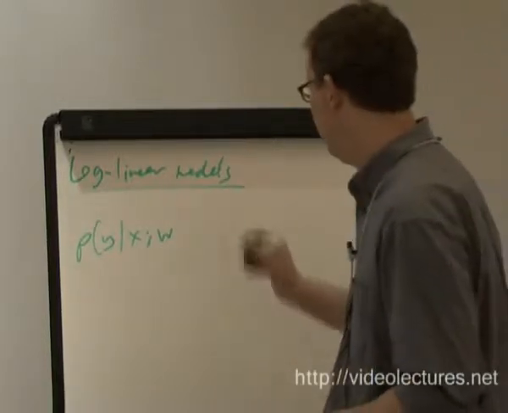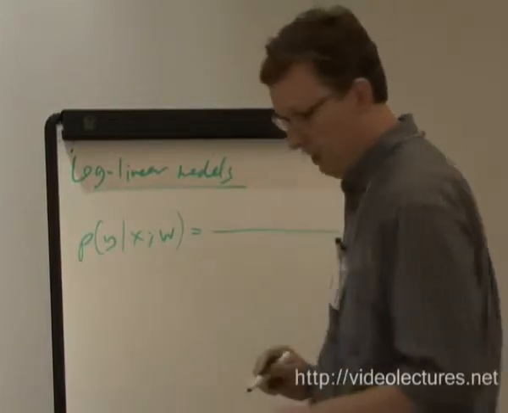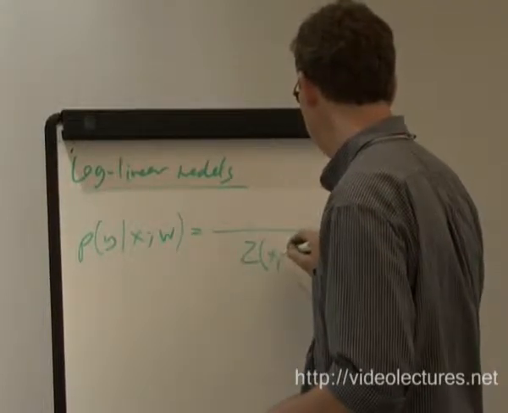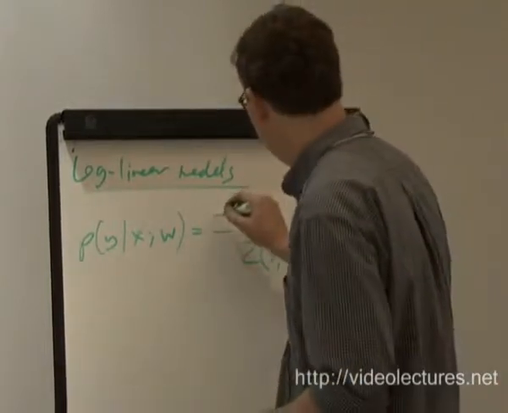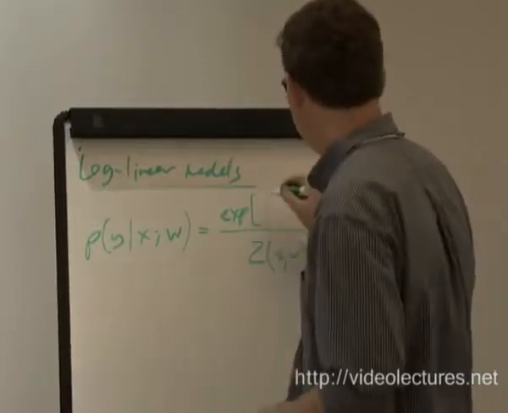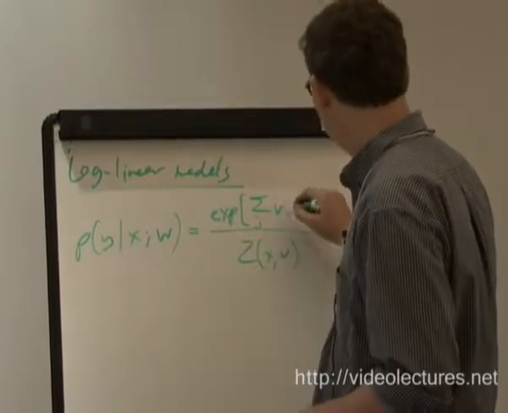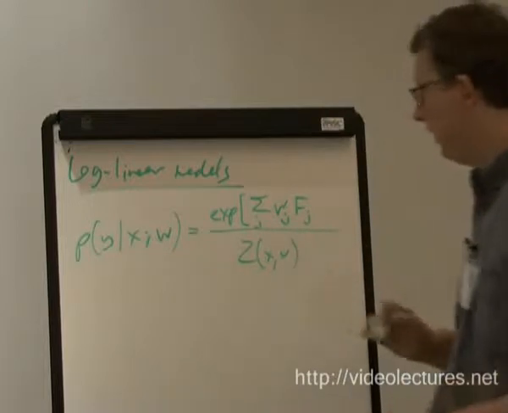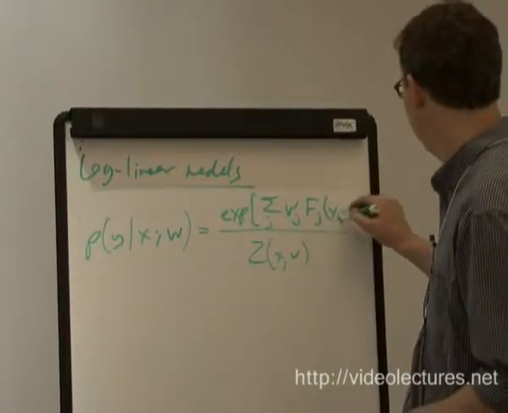So the probability of y given x and w is a normalizing term, which I'll just call z of x and w. I'll talk about that in a minute. And then up here, I have an exponential of the sum over j of wj times Fj, capital Fj, of x and y.